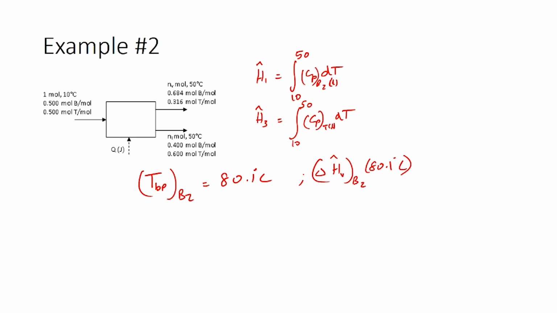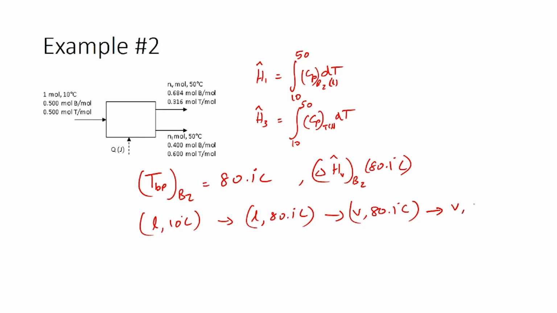So, this would be the hypothetical path: liquid at 10 degrees Celsius goes to liquid at 80.1 degrees Celsius, from there it goes to vapor at 80.1 degrees Celsius, and from there it goes to vapor at 50 degrees Celsius.